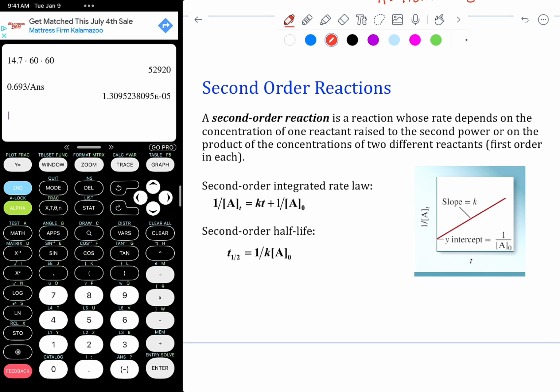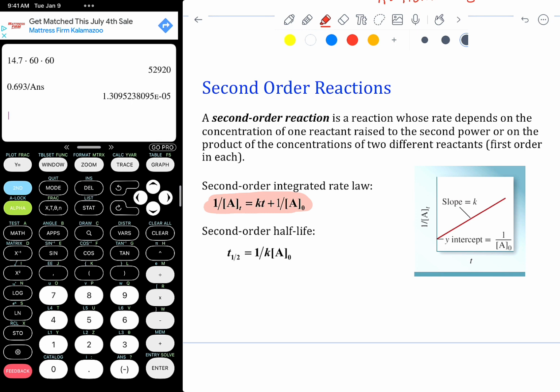So a second order reaction is a reaction whose rate depends on the concentration of one reactant raised to the second power, or on the product of the concentrations of two different reactants, first order in each. So the second order integrated rate law is given here: 1/[A]t equals kt plus 1/[A]0.